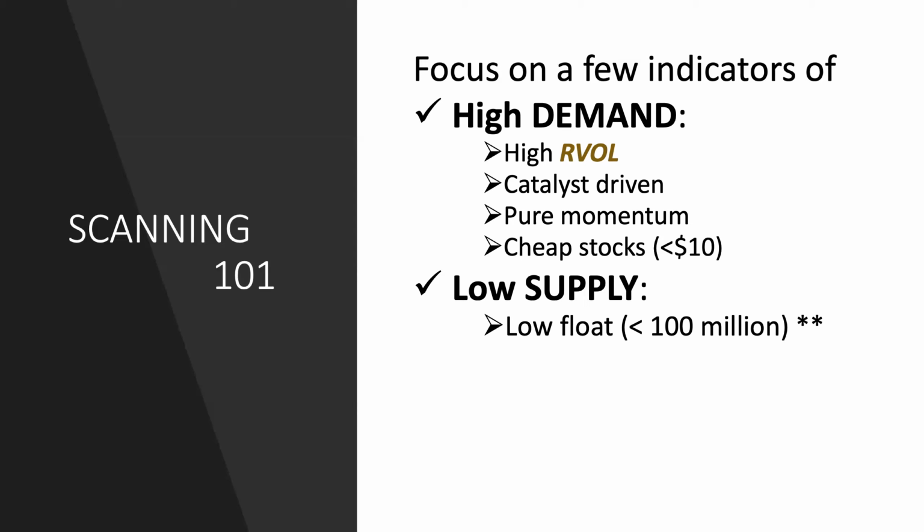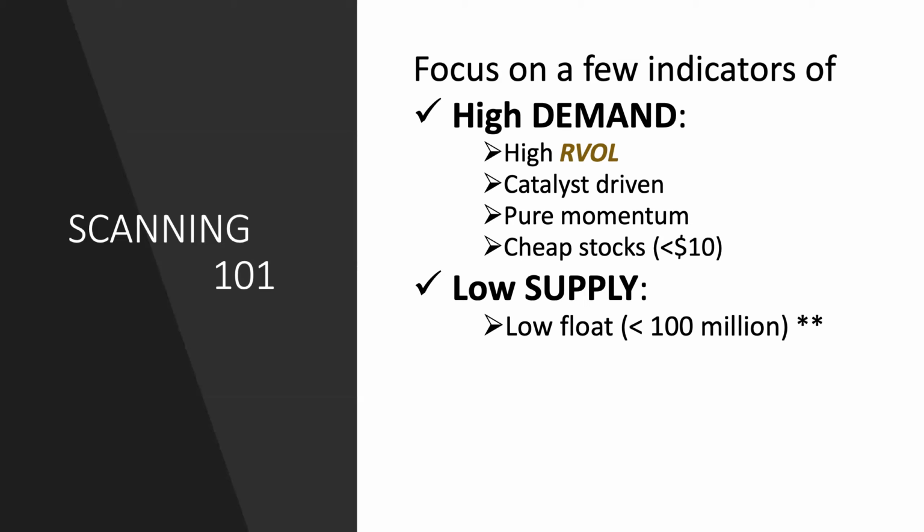So with our basic desire to get 10%, 20%, 100% up, there's a higher chance with these cheap stocks, which are also called penny stocks. So under $10 is what I prefer. That's one thing. The other part is the low supply, right? Low float, which means there are not many stocks available in the market.